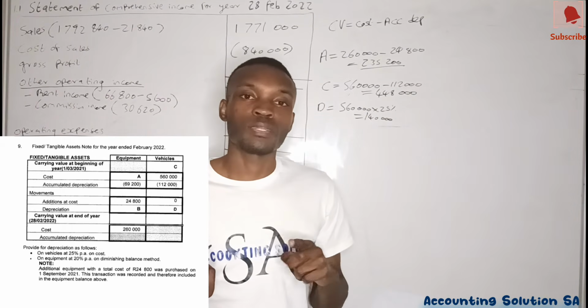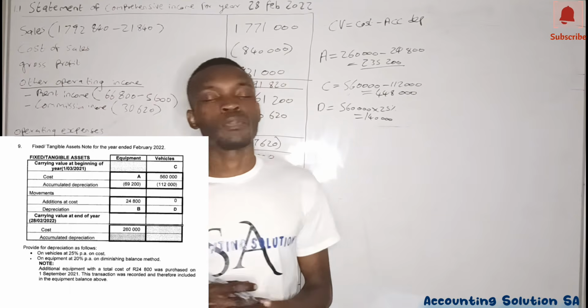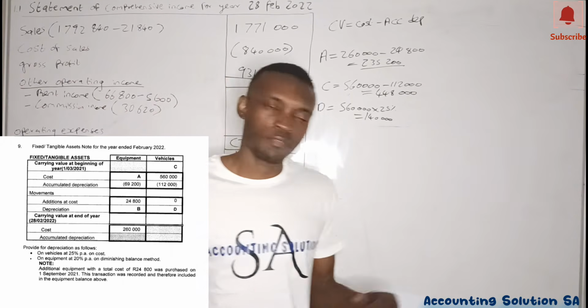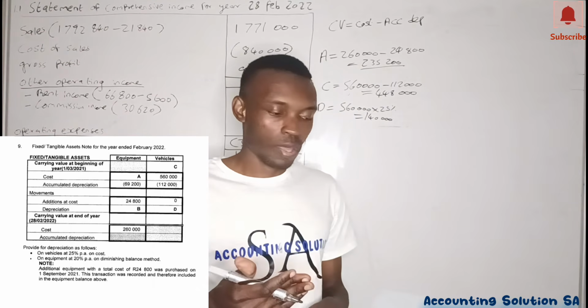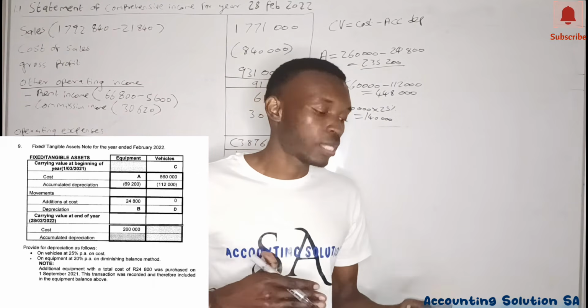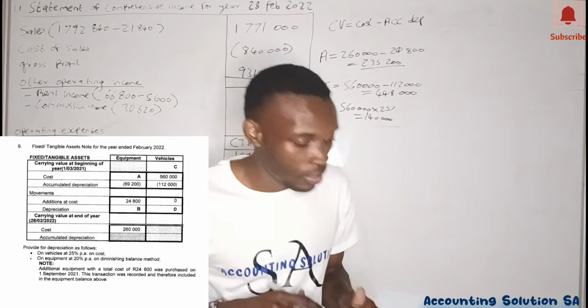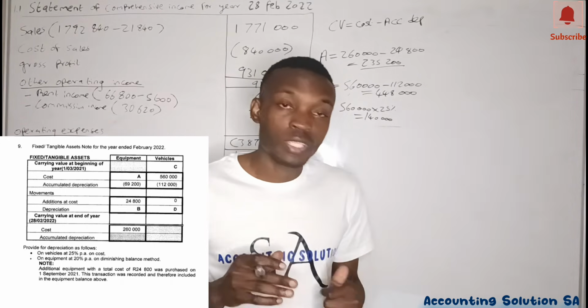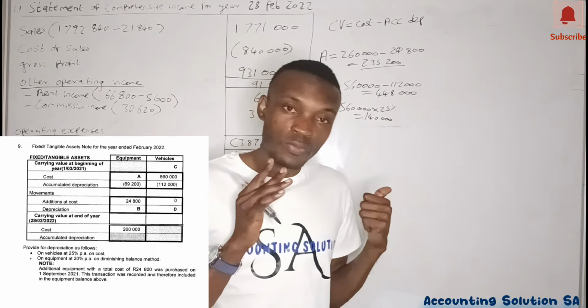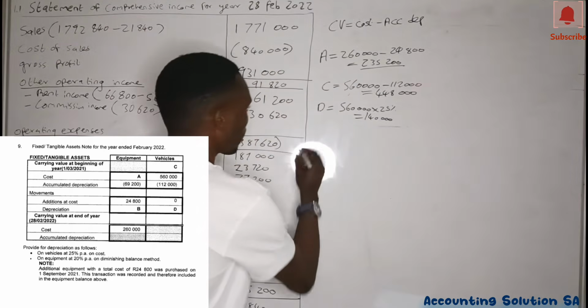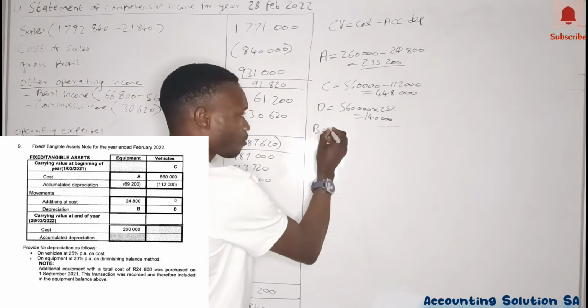Remember, our year is ending 28 February. That means the equipment stayed September, October, November, December, January, February, which means the equipment of 24,800 was there for 6 months, which means that we also have to count a month.